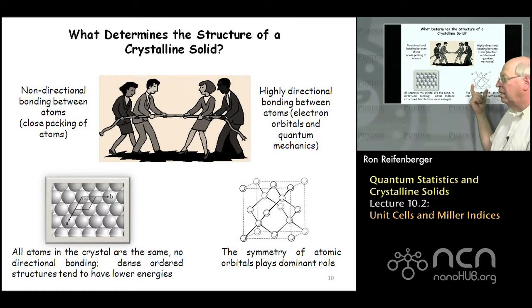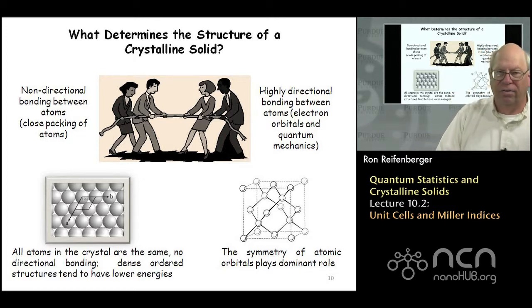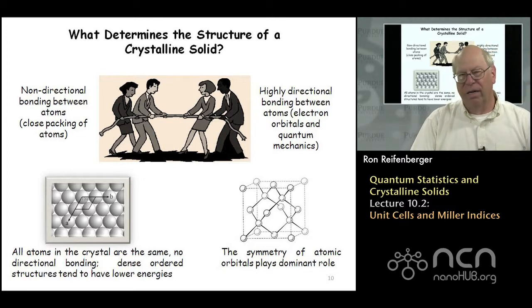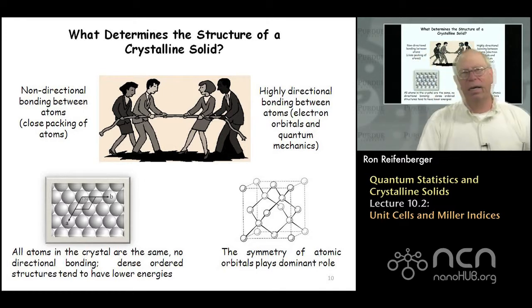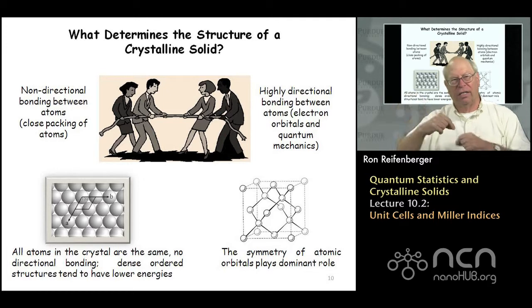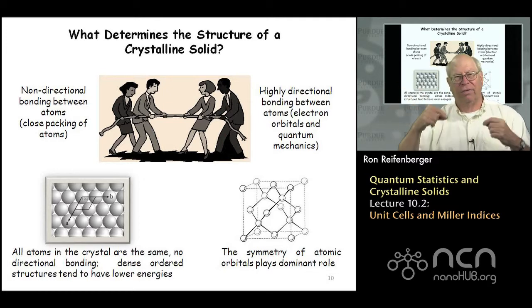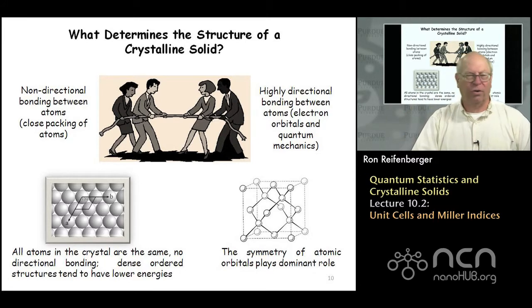At the other end, the highly directional bonding between atoms in a solid is the dominant factor that determines the crystallographic structure. This highly directional bonding is basically a quantum mechanical calculation based on the atomic orbitals of the electrons in the solid, and it takes advantage of the symmetry of these various orbitals that we just touched on a little bit when we discussed the hydrogen atom.